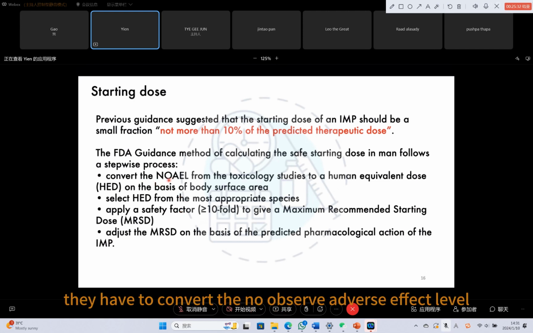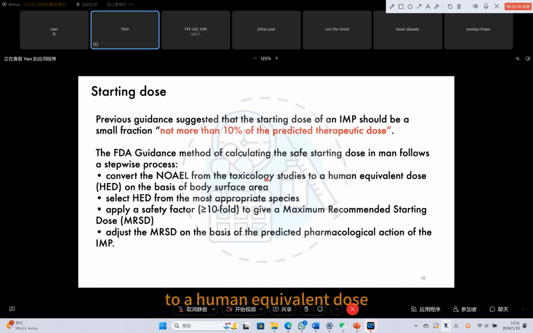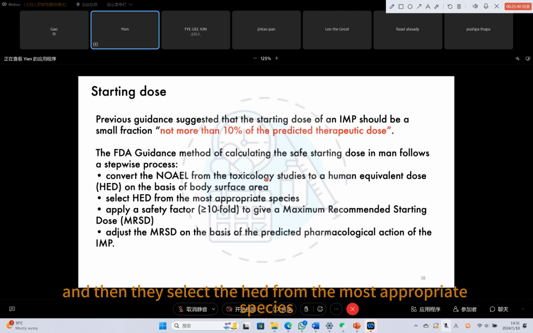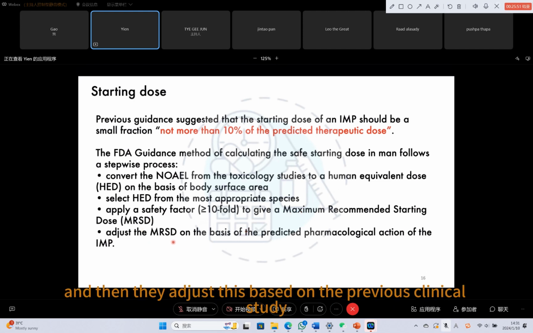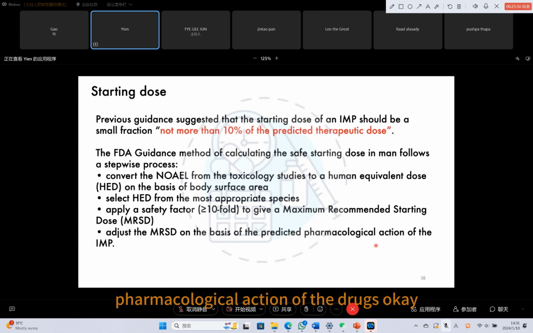They convert the no observed adverse effect level from the toxicological study to a human equivalent dose based on body surface area. Then they select the HED from the most appropriate species and apply a safety factor of greater than or equal to 10-fold to give a maximum recommended starting dose. Then they adjust this based on previous clinical studies and the pharmacological action of the drug.